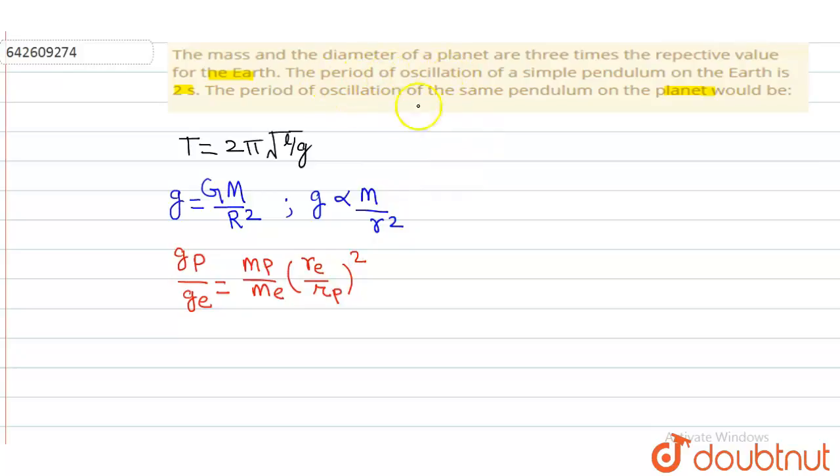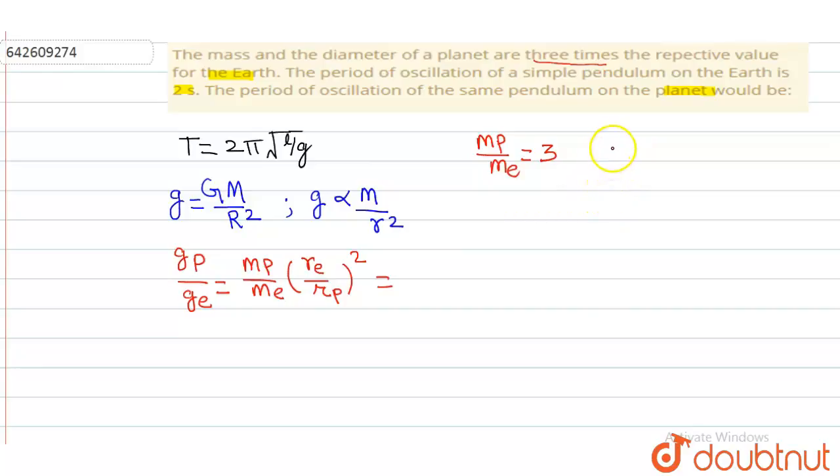And we are given some data here. Let's check. The mass and diameter of the planet are 3 times. Mass is 3 times that of the earth. So from this I write mass of planet by mass of earth is 3. Second part, the diameter. We know that the ratio of diameter will be the same as the ratio of their radius, because radius is just half of the diameter. So if any ratio gets halved, it will remain the same.